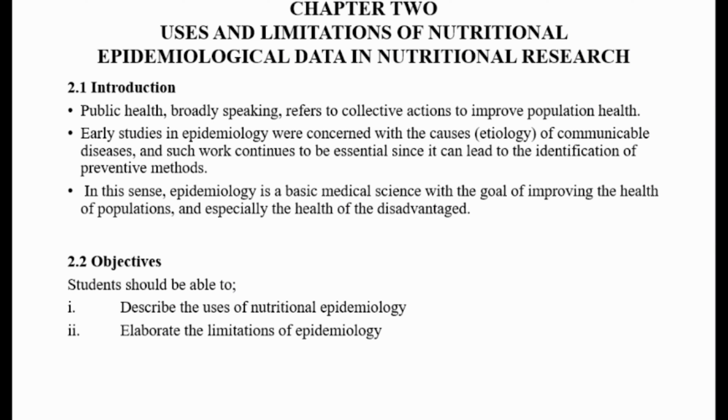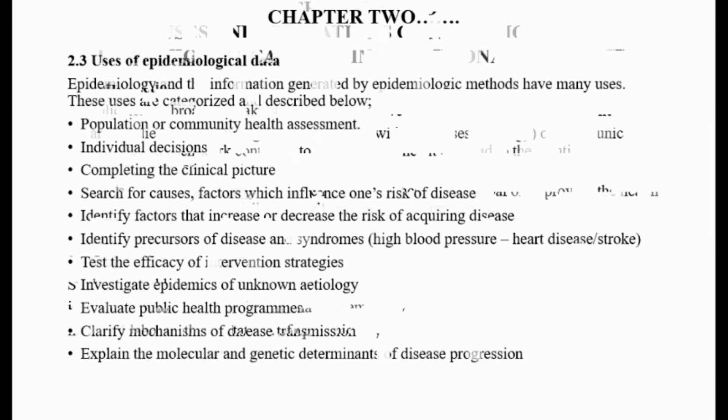In this sense, epidemiology is a basic medical science with the goal of improving the health of the population, especially the disadvantaged population. The objective of this chapter is that at the end, you should be able to describe the uses of nutritional epidemiology and elaborate the limitations of epidemiology.